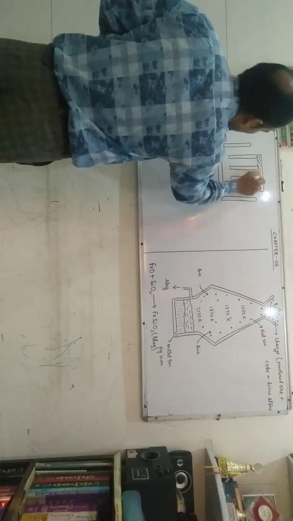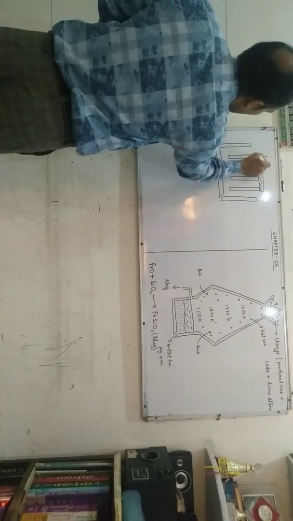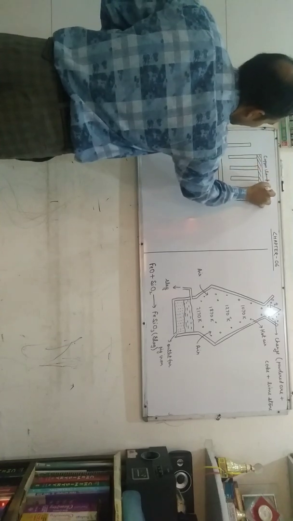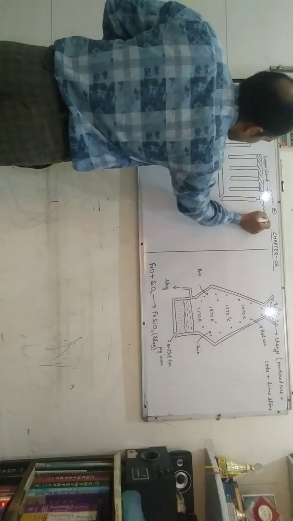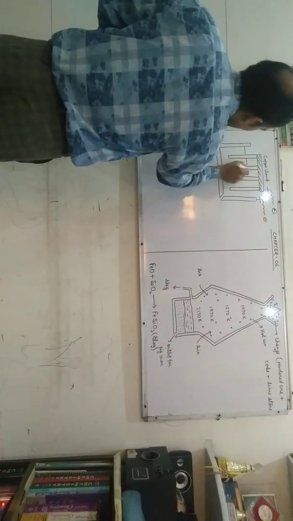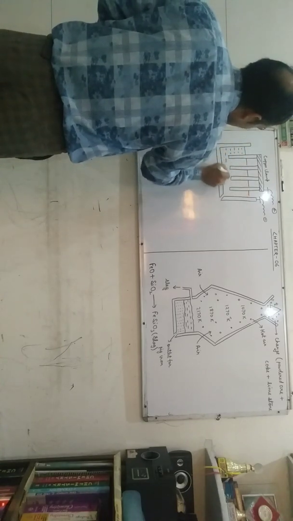Here it is a copper clamp. It is a terminal which is positively charged. It is a terminal which is negatively charged. The electrodes are dipped in the mixture of Al2O3.